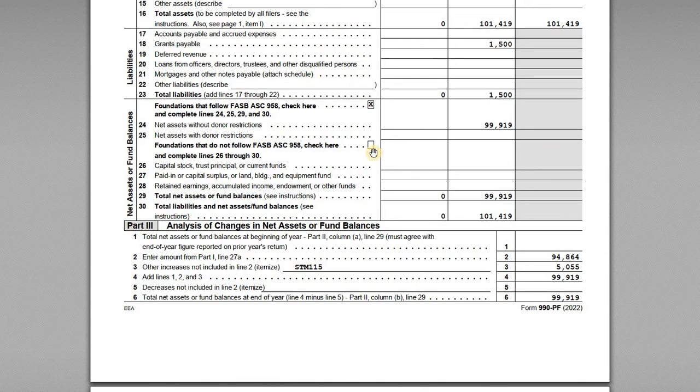But instead, if you don't, you could mark this box that you will not follow ASC 958. And at that point, you just treat it almost kind of like a regular corporation, right? You have the amount of principal put into the foundation, and then any retained earnings would be a roll forward of the excess of your income over your expenses.